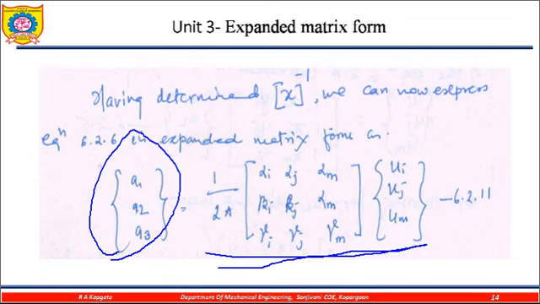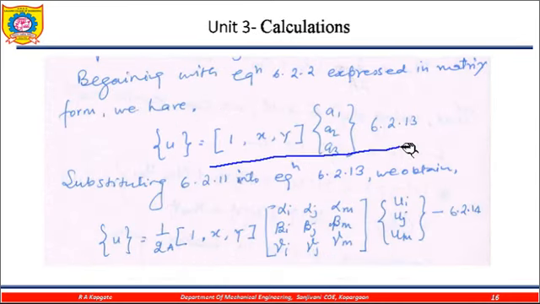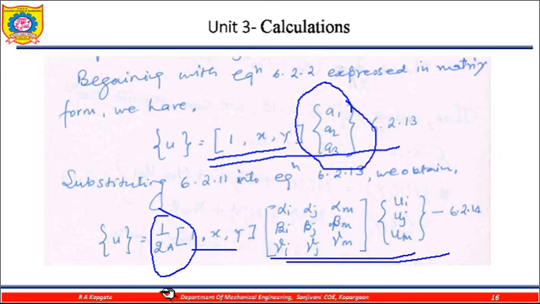Now this equation we have added here. This term is as it is, and 1 upon 2A comes from the previous equation. So this is my u function, that is the displacement function.